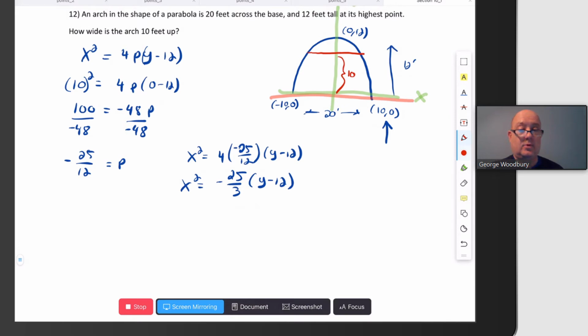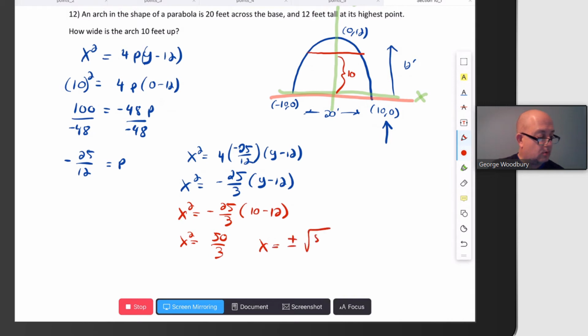So I'm going to plug in 10 for y. x squared equals negative 25 thirds times (10 minus 12). That's negative 2 times negative 25 thirds, which is 50 thirds. Taking the square root of both sides, I get x equals plus or minus the square root of 50 over 3.